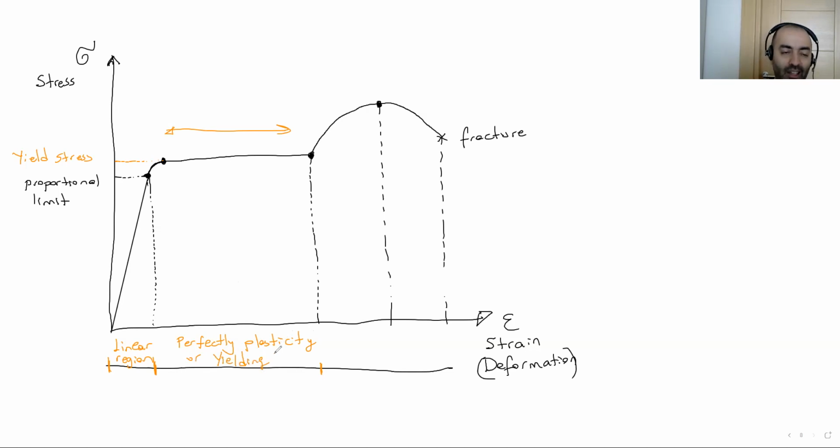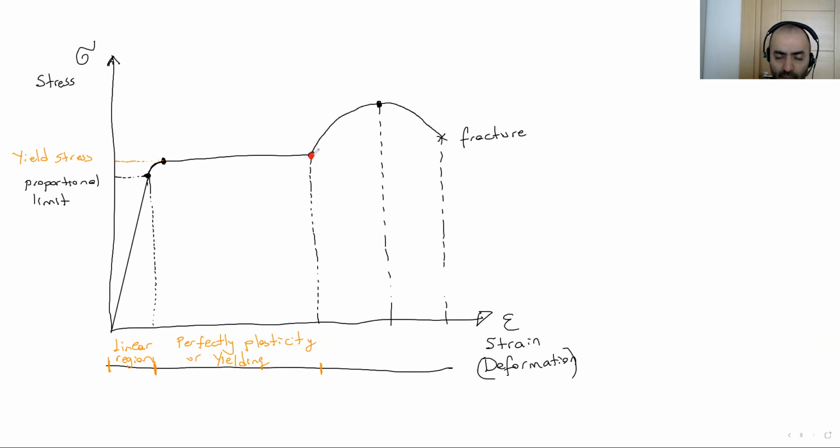Yielding in Turkish, akma. Akma gerilmesi. Yield stress, akma gerilmesi. Okay, till this point, the system yields.